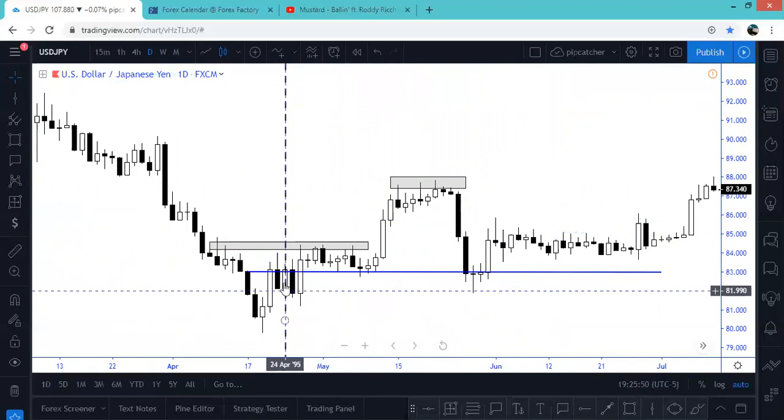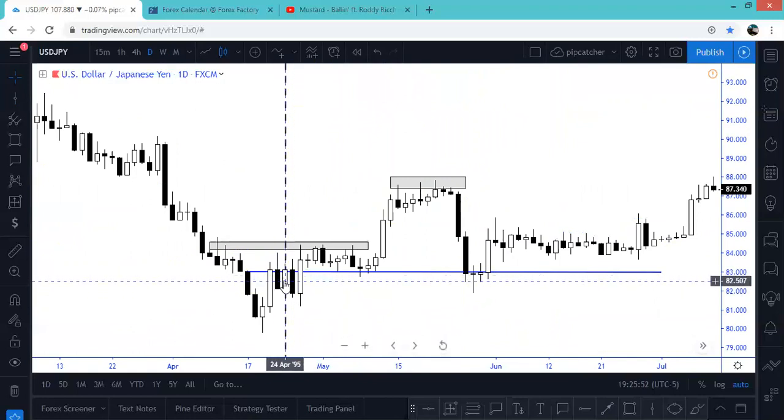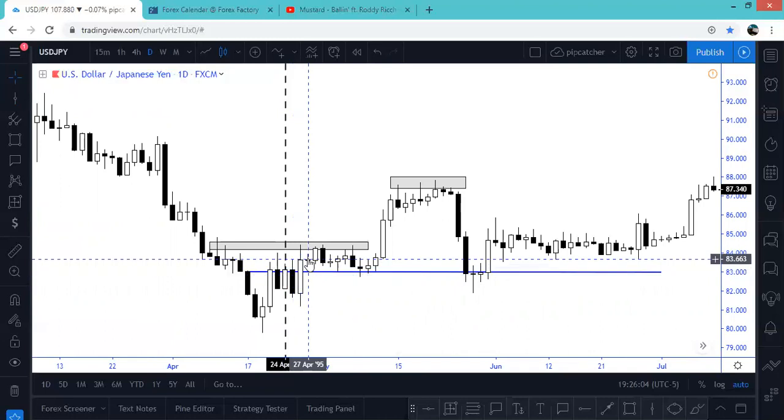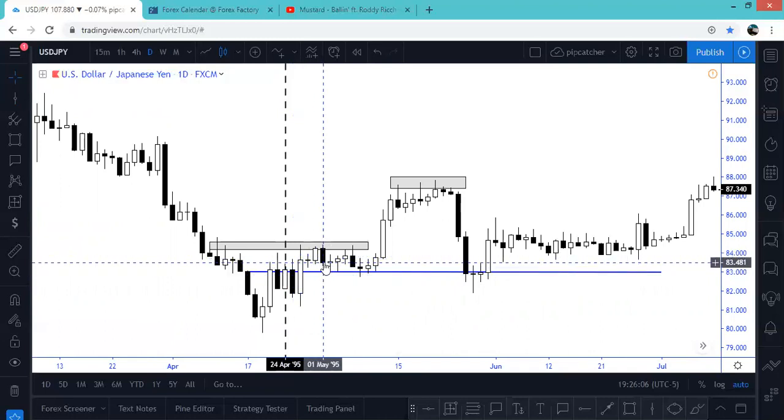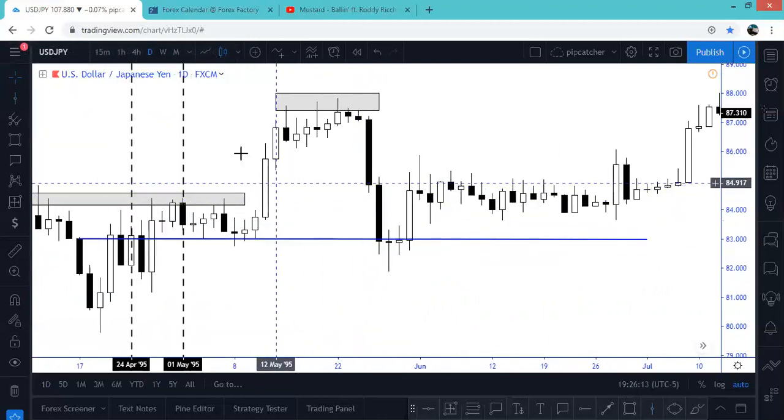So here's that start of the weekly candle, right? The start of this weekly candle. There's the Friday close down here, and then we have an open. So this is the start of that weekly candle. Now here's the close of the week.